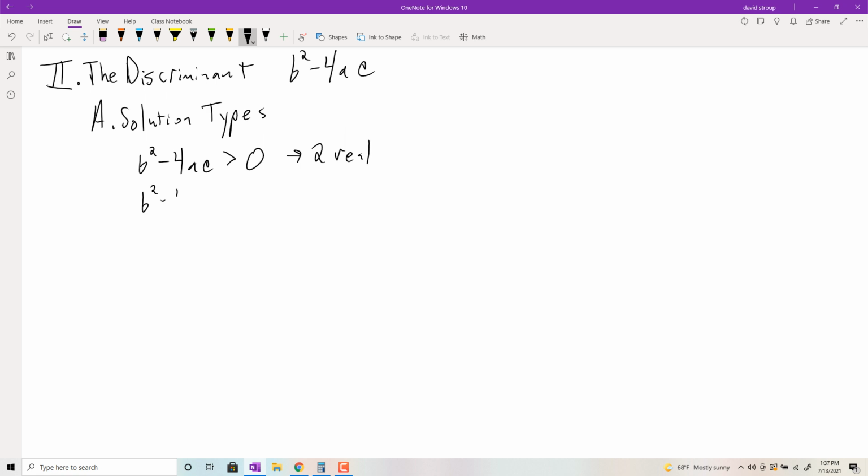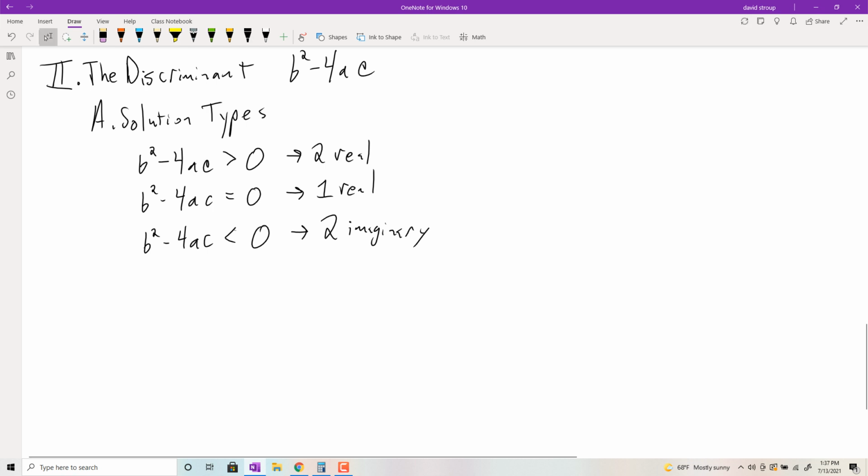If it's equal to 0, you'll have one real solution. And if it's less than 0, like the last example we did, you'll have two imaginary solutions. Okay. So it's fairly simple.